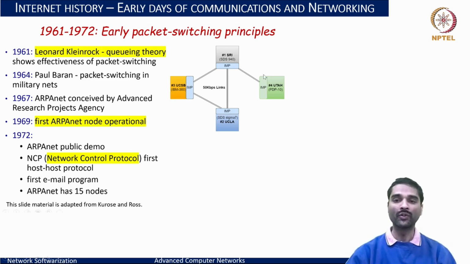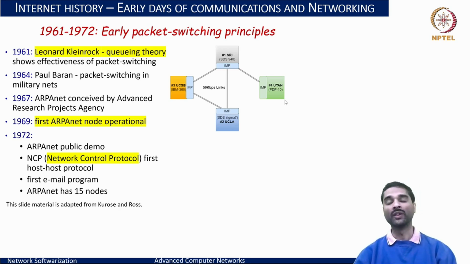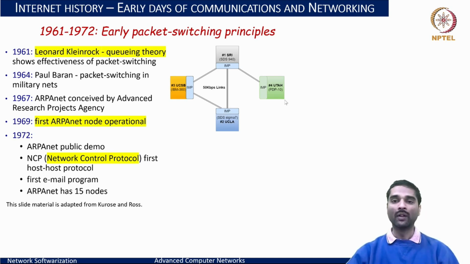And the fourth node was the University of Utah, which ran the PDP-10 mainframe. And interestingly, this machine was a 36-bit machine. So you can see the heterogeneity, where one 24-bit machine at Stanford Research Institute, a 36-bit machine at the University of Utah, and two 32-bit machines at UCLA and UCSB were all connected to make the first 4-node network.